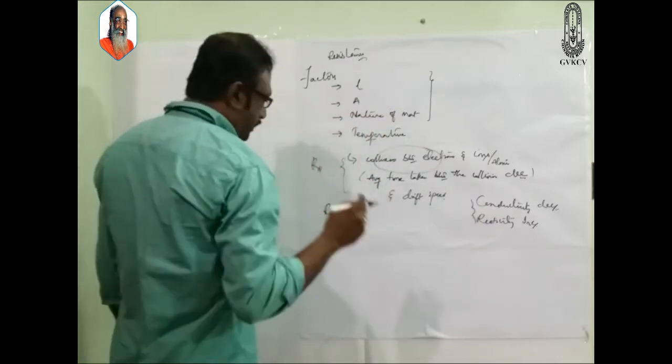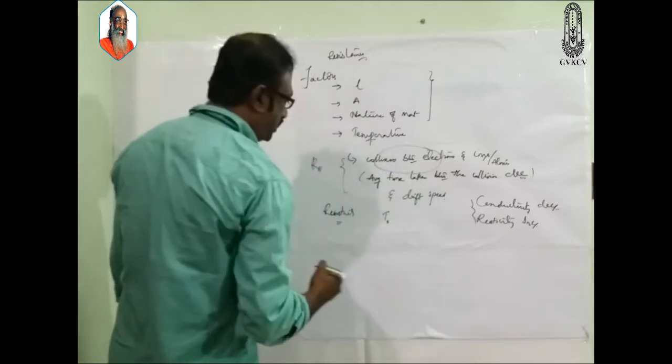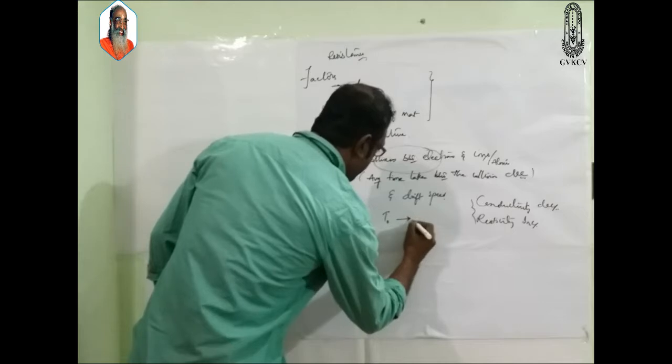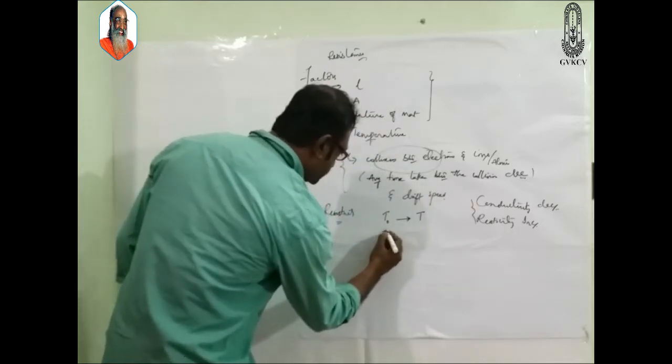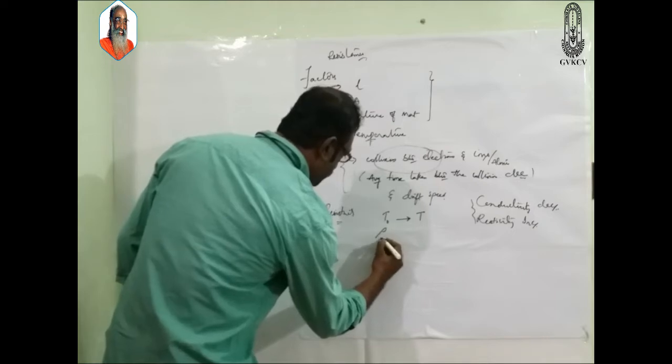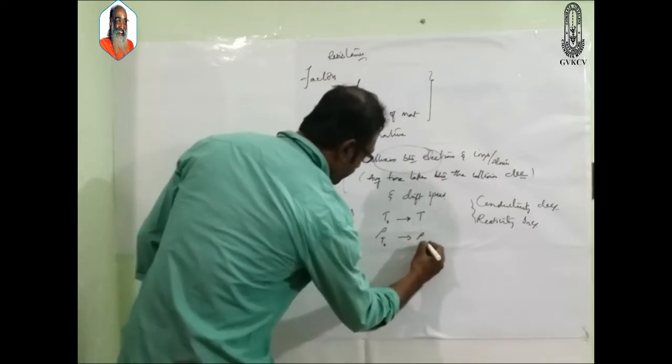Initially let the temperature be T0, and if the temperature is raised to T, there will be a change in the resistivity. If we take the resistivity at T0 as rho T0, here it is rho T.